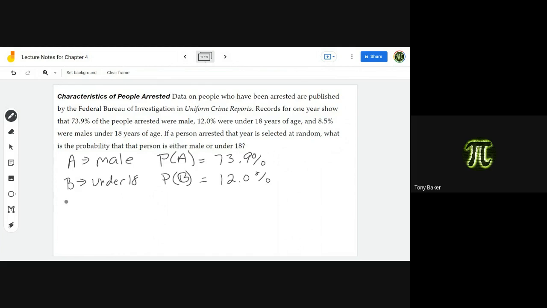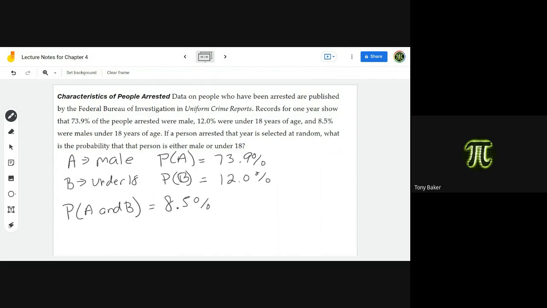So we need the overlap. So we have the probability of A and B. And they also give us that percent, which is kind of nice of them. It's 8.5%. All right. So we have our probability of each event, and we have the probability of the overlap.